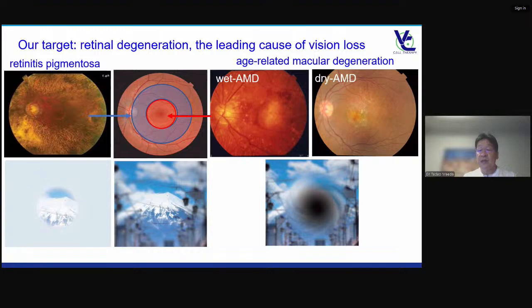The bottom images are visual fields in the late stage of those diseases. In retinitis pigmentosa, central vision remains with a small visual field, and in AMD peripheral vision is maintained. However, central vision is severely disrupted. Both of them are devastating and have a huge negative impact on the patient's QOL.